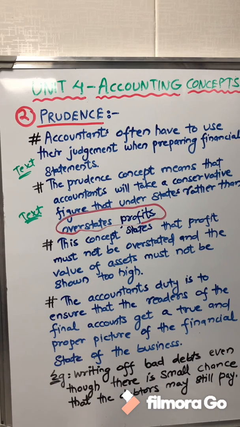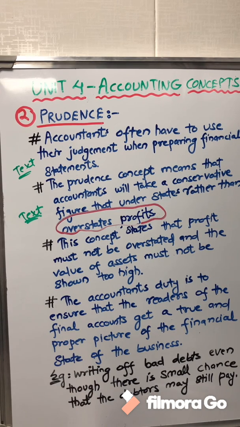In the introduction video, I already explained why these concepts are taken and why these rules are made: to get a true and fair view of the financial position of the company.